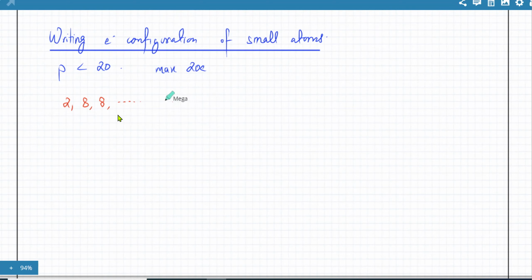So I'm going to draw the first small atom. Let's talk about nitrogen. That's 7 and 14. So it has 7 protons and 7 neutrons in its nucleus. And it's got 7 electrons. So the electronic configuration is that you're going to fill the first shell with 2 electrons and the second shell with 5 electrons. And then you're going to run out of electrons.